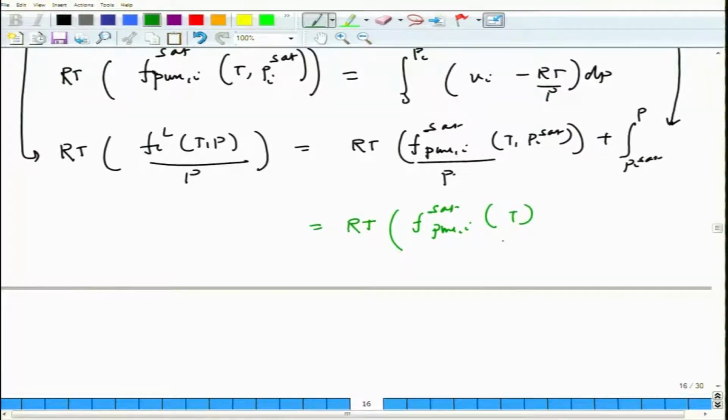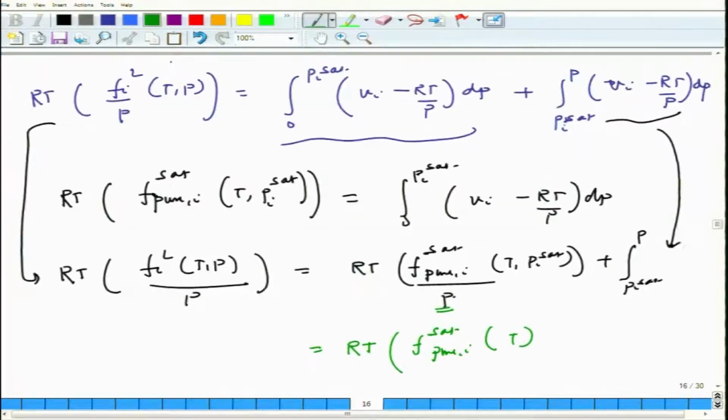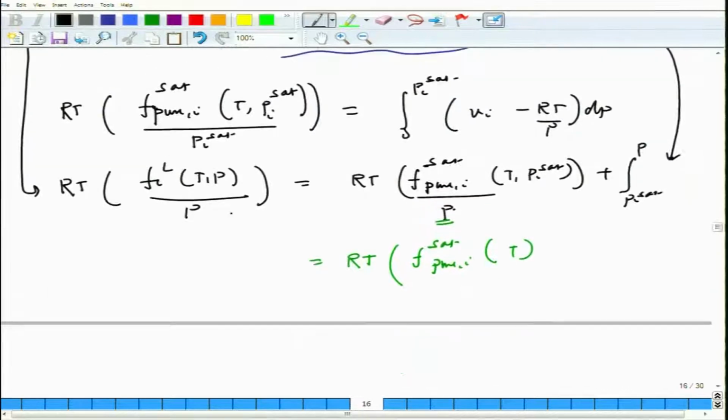And why is that? Here this P is not the same as P here, because it is 0 to P sat. So, this should have been P_i sat, corresponding to the temperature T here.